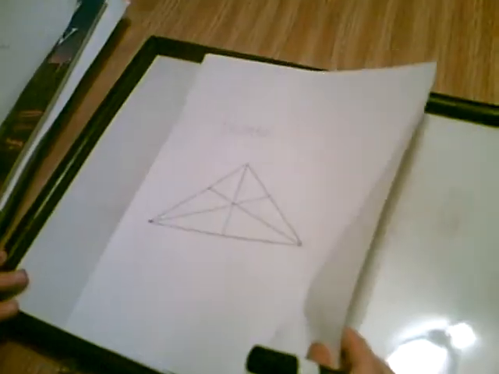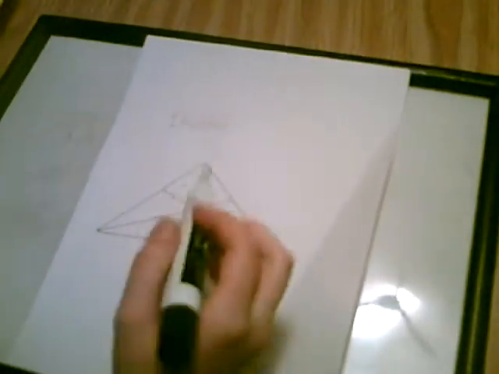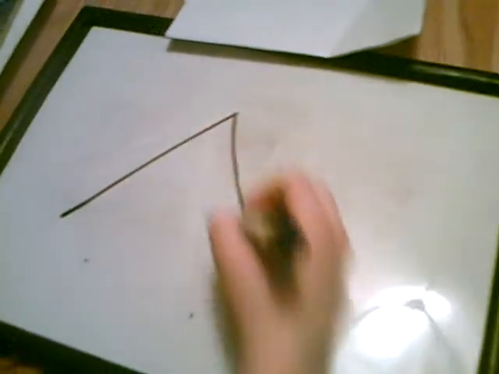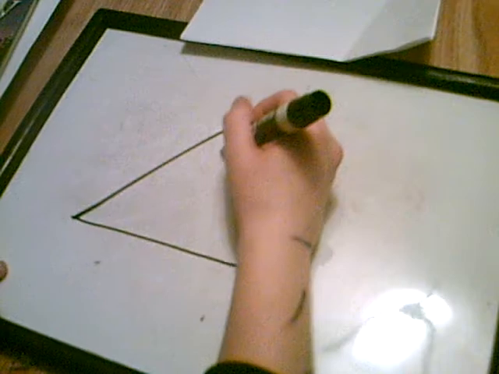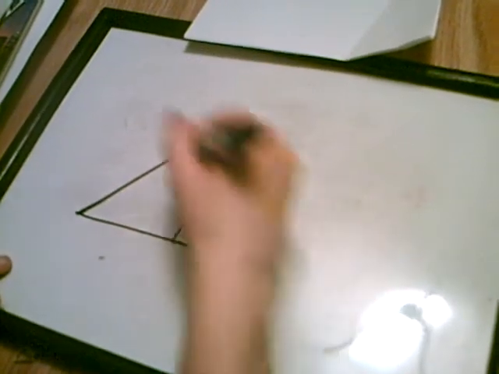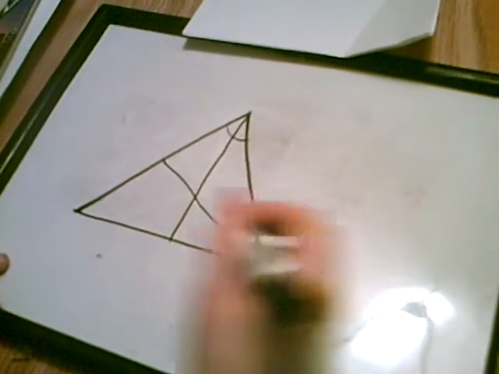Okay. Now we're talking about angle bisector concurrency. So if I have the angle bisectors of a triangle, I'm going to cut this angle in half. This is just a very, very rough approximation.